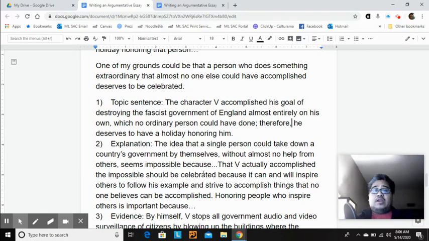To do that, I need to provide some explanation. So I can say, for example, that the idea that a single person could take down a country's government by themselves, with almost no help from others, seems impossible because, and I provide my reasoning, that V actually accomplished the impossible should be celebrated because it can and will inspire others to follow his example and strive to accomplish things that no one believes can be accomplished.